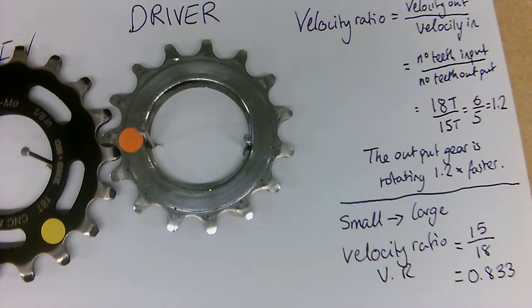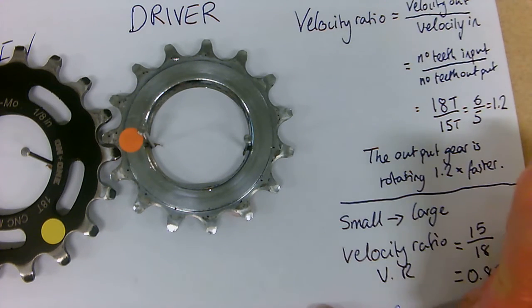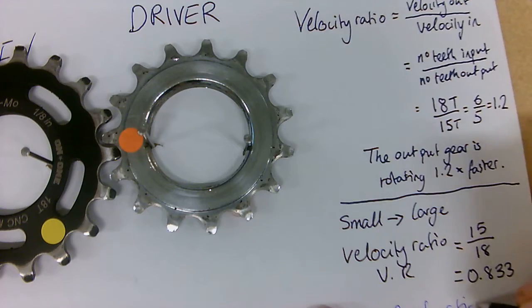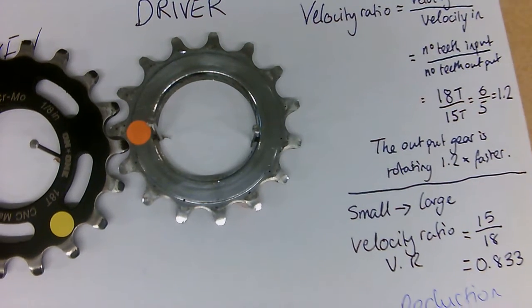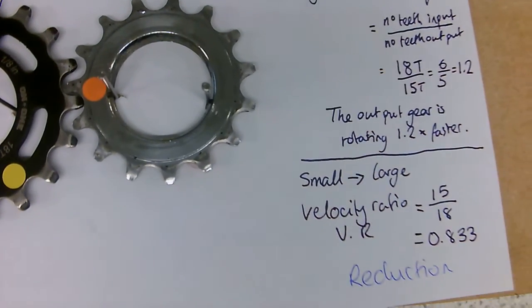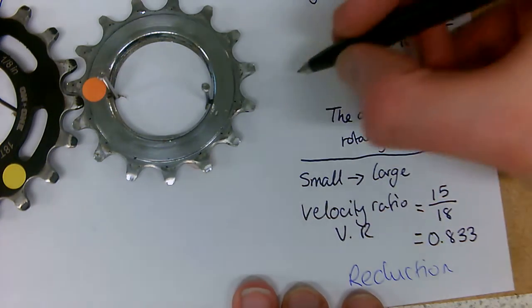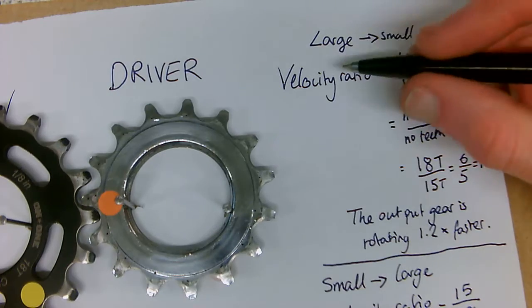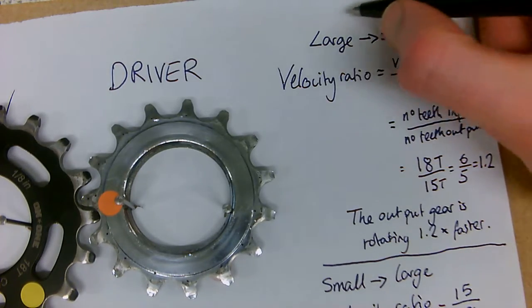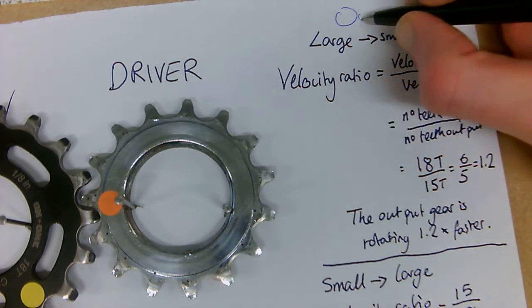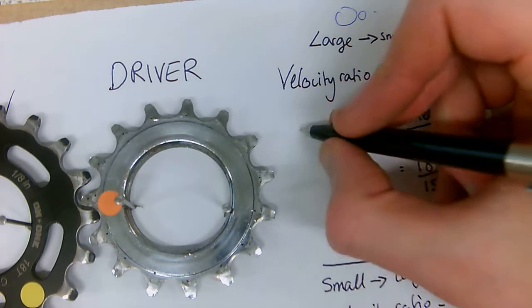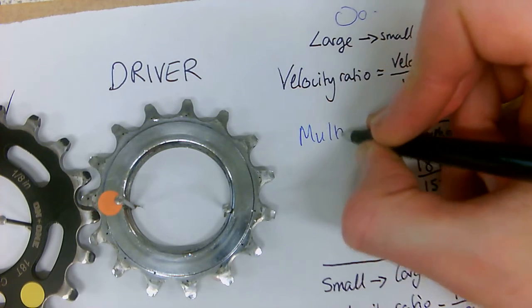So this is an example of a reduction gear, where it would increase our force but reduce our speed, and this one where we had the large cog linked to the small cog, is an example of a multiplier.